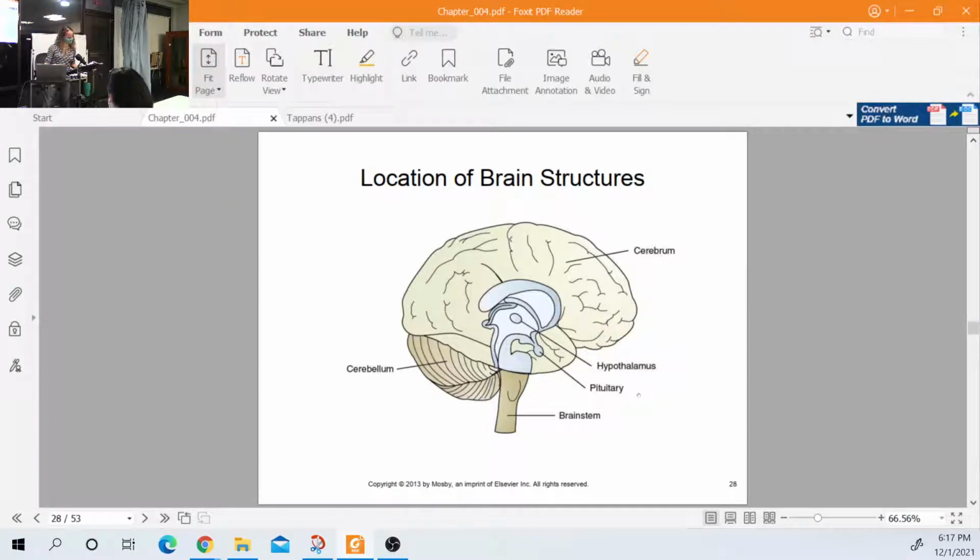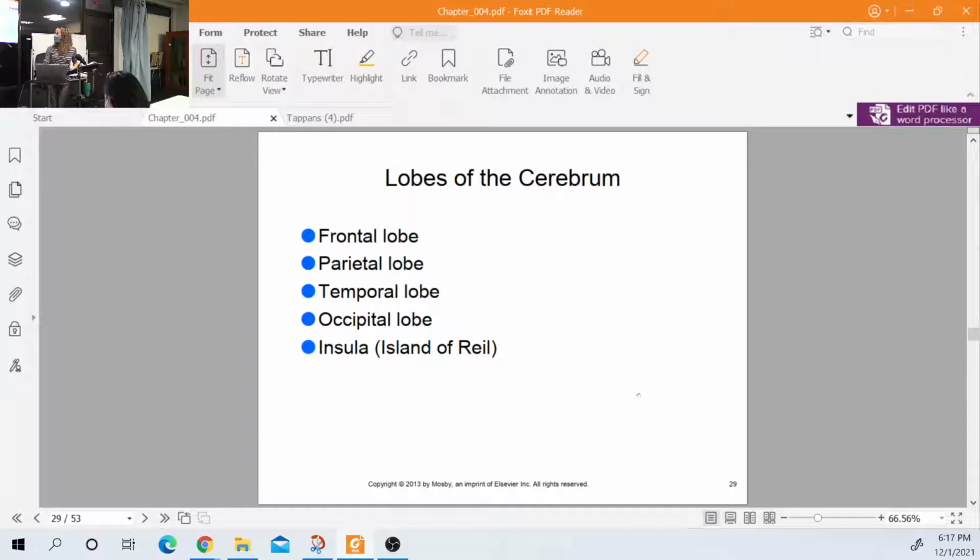The parietal lobe is our next lobe. This one is good for temperature, taste, and pain reception, and other sensory information. The temporal lobe is where we deal with our hearing, our sense of smell.